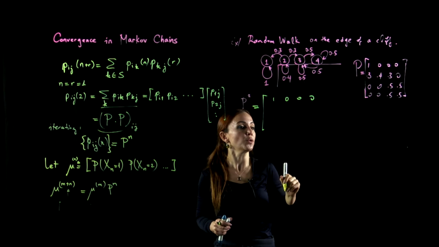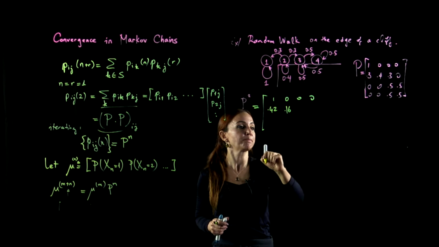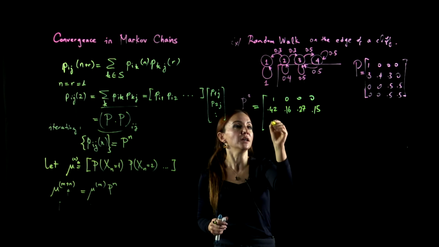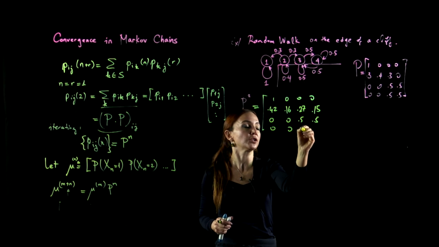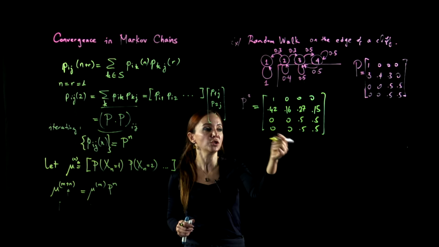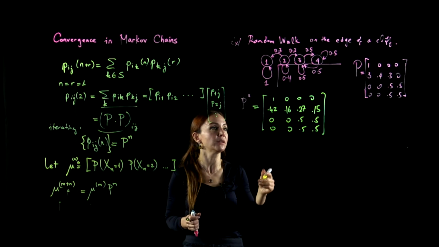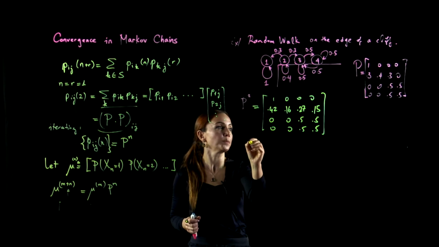The second row is going to change: 0.42, 0.16, 0.27, 0.15, and the third and fourth rows do not change. Clearly, it is easy to see that they are not going to change when we repeat this process.